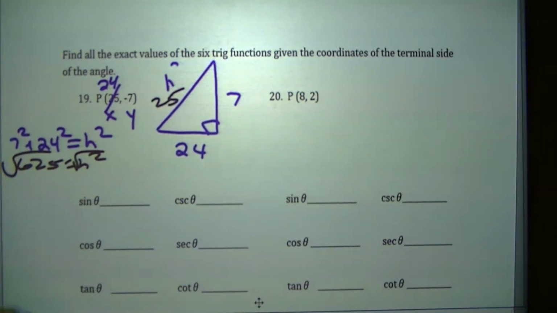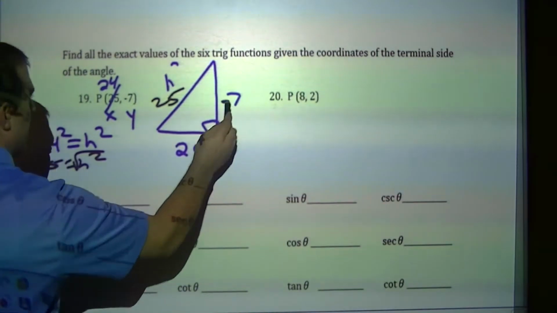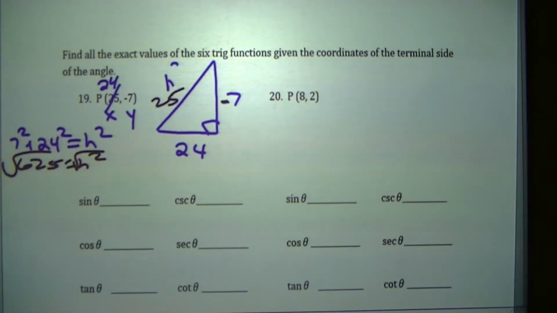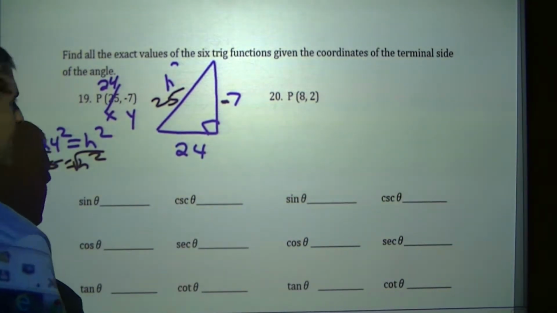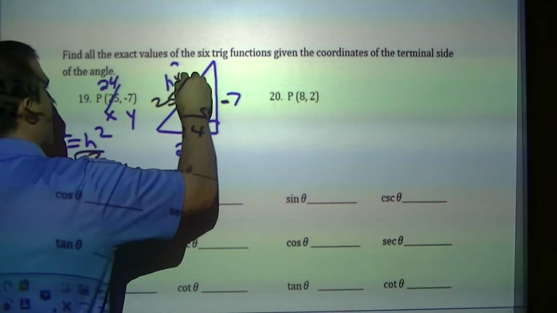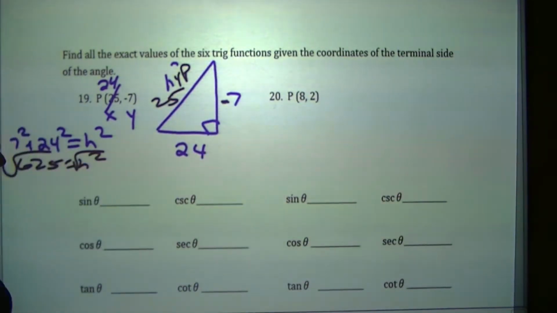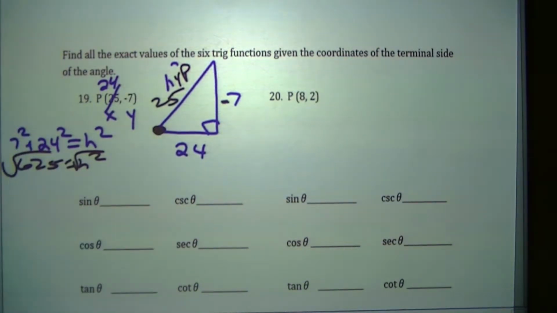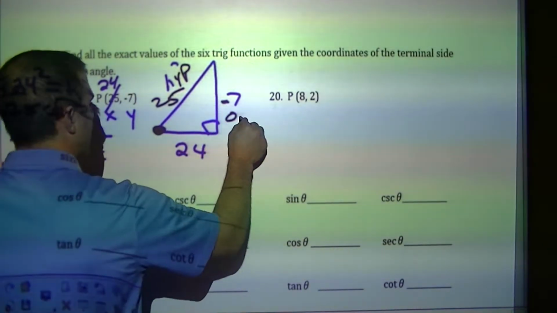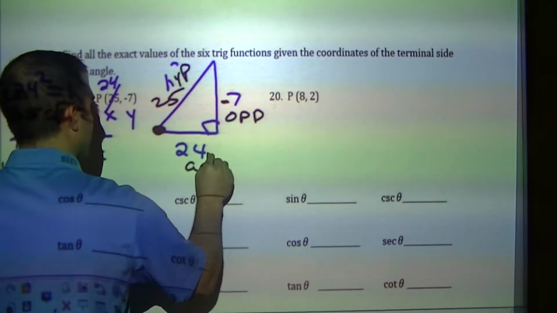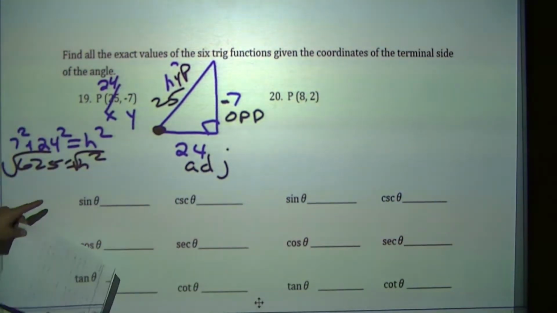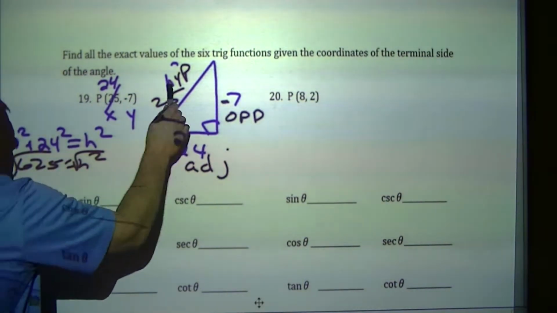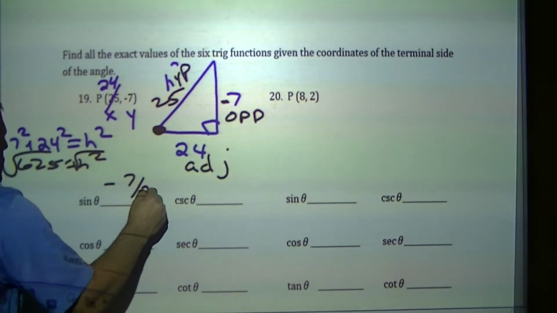Now, as you saw, that's negative, so I'm going to put that negative in there. I do that at the end. Wait until the end to do all your negative stuff. So we know this is the hypotenuse. We're always going to go off of this corner angle. This makes it easier on us. So this is the opposite, and this is the adjacent. Pretty easy. Sine is opposite over hypotenuse, so negative 7 over 25.